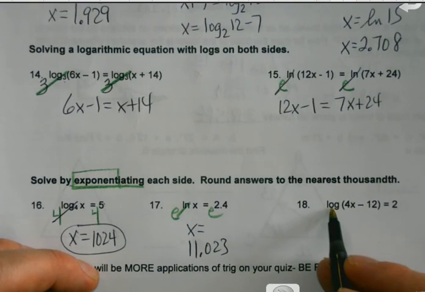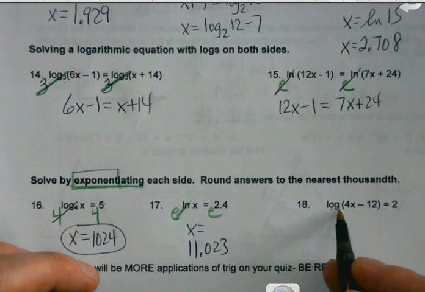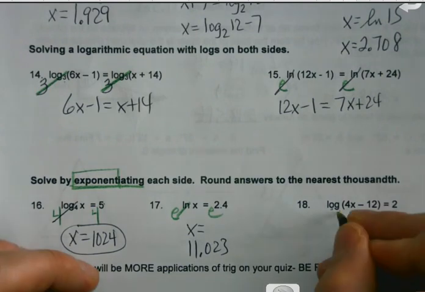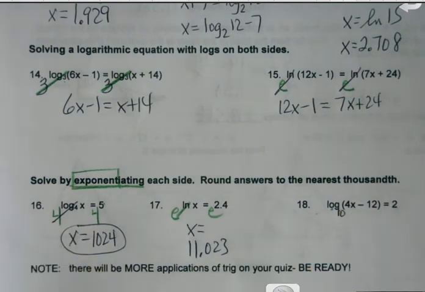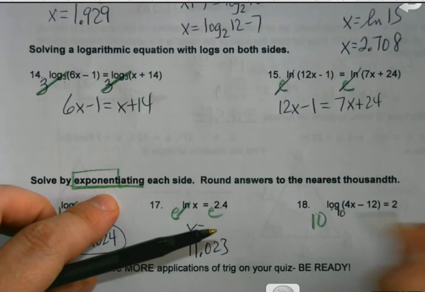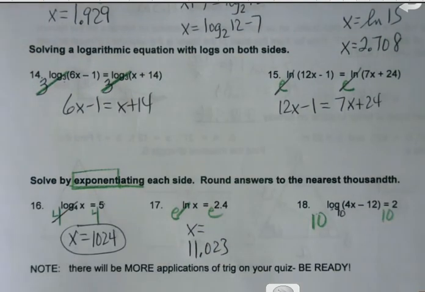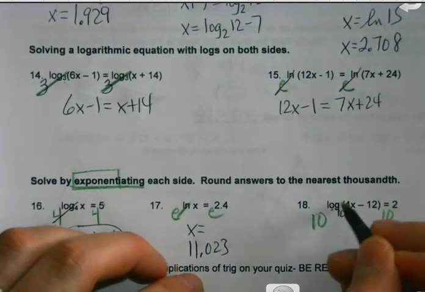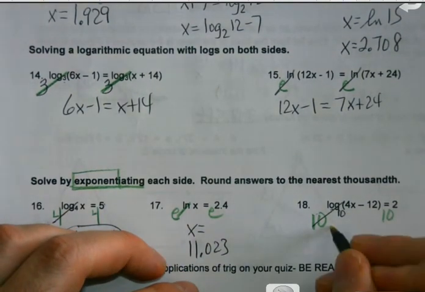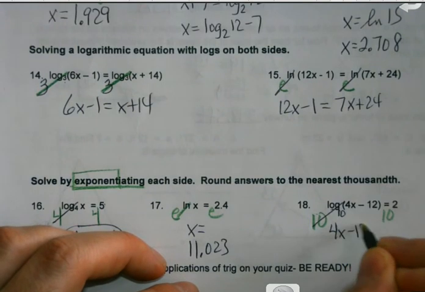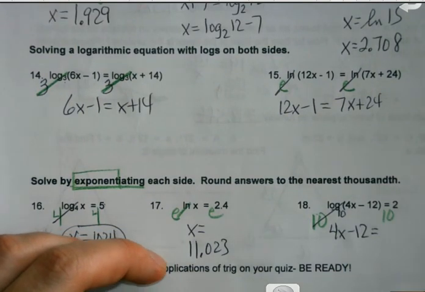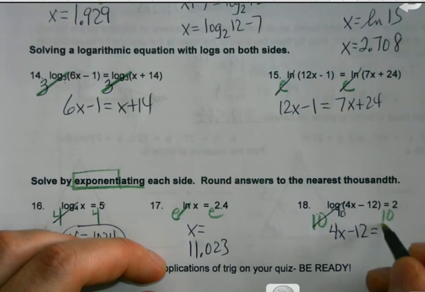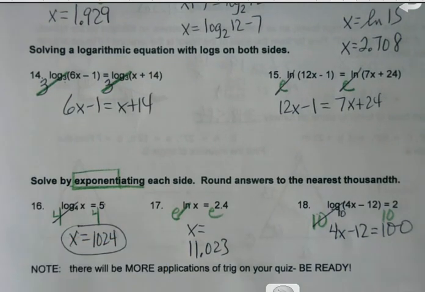And then Ben had mentioned it earlier, but if I have a log and I don't see a base number down here, what number is it? 10. So to exponentiate, I must use 10. That just wipes the log part. But the other side still is an exponent because there's no log over there, no inverse for it. So 10 squared is 100, and now I can solve the equation.